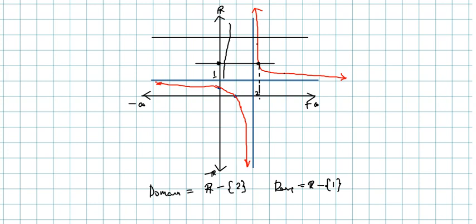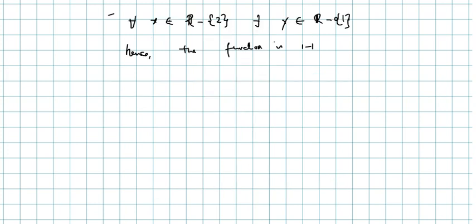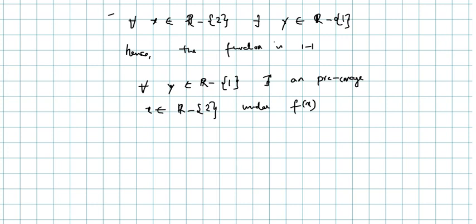So we can write a sentence: for all y element of real minus 1, there exists a pre-image x element of real minus 2 under f of x, hence the function is bijective.